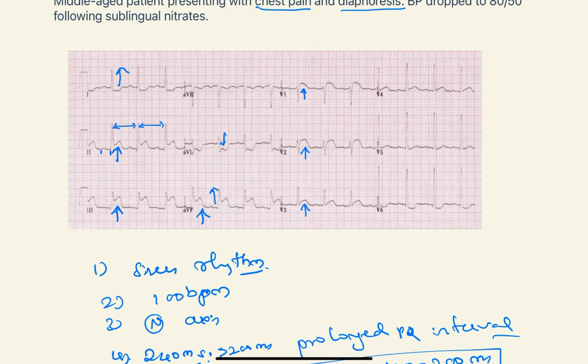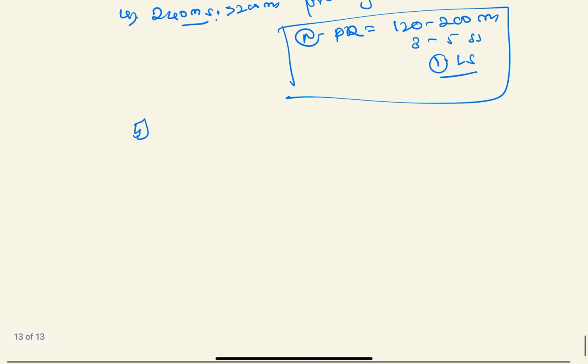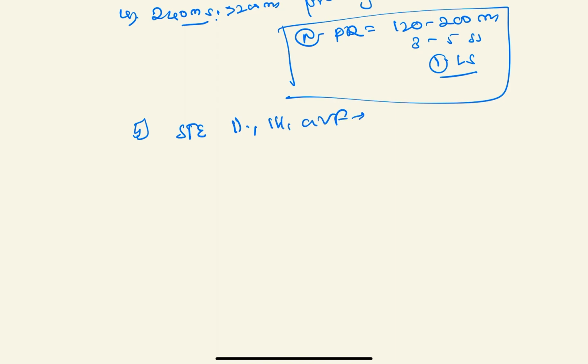So this suggests right ventricular involvement. Yes, there is ST elevation in lead 2, 3 and AVF. This is suggestive of inferior wall MI. Next, there is ST elevation in V1, 2, 3, that is suggestive of RV infarction.